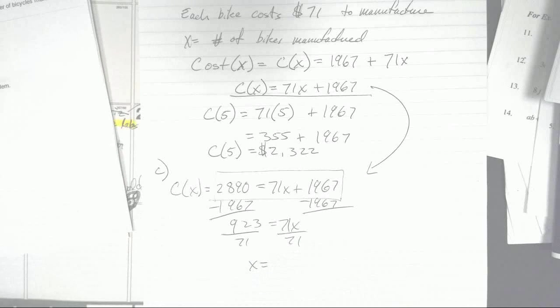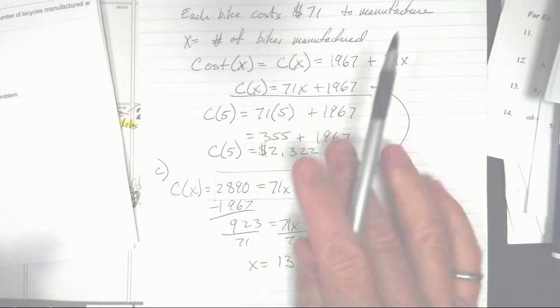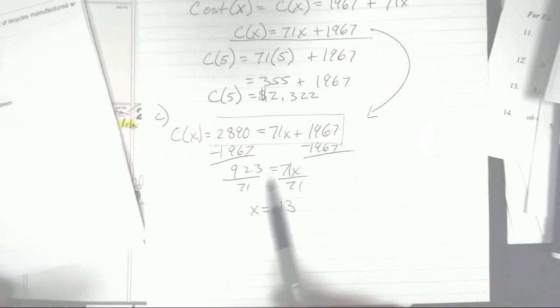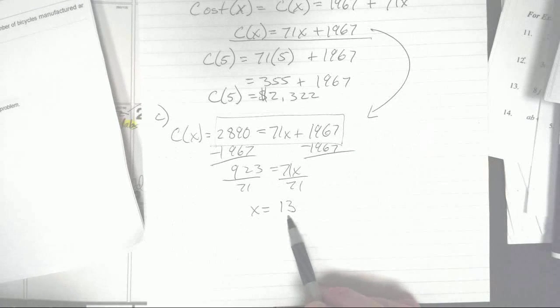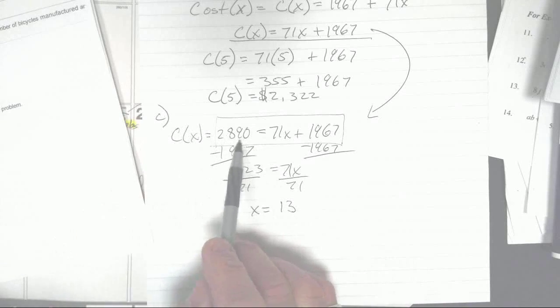Let's see here. All right, dividing by 71, I get X equals 13. So X equals 13. What was that? 13 is the number of bikes. Remember, we defined X as being the number of bikes manufactured. So when I manufacture 13 bikes, I'm going to have a total cost of $2,890.